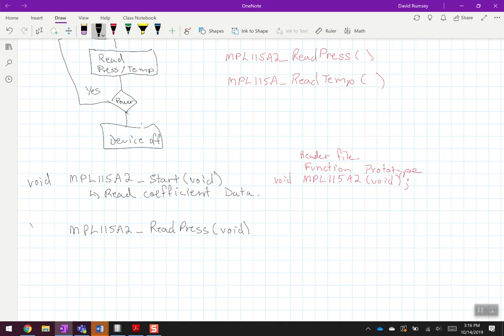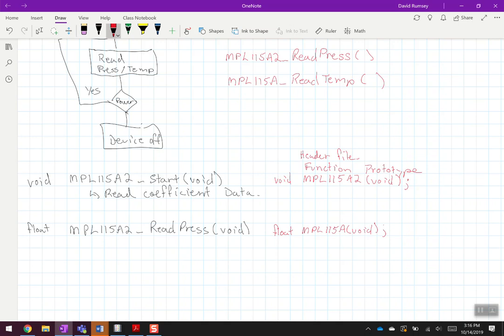But of course, I should get something back here. It's going to be a float. It's a decimal number, so it's going to be a float because I definitely need to get back data. I need to get back what the pressure is. So my function prototype for this one would be float MPL115A2, and then there'd be a void inside it, semicolon.